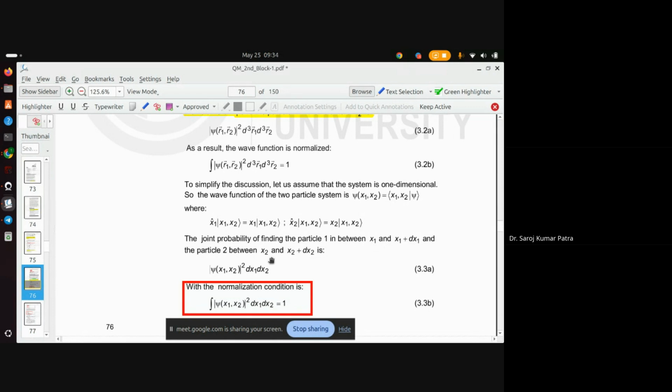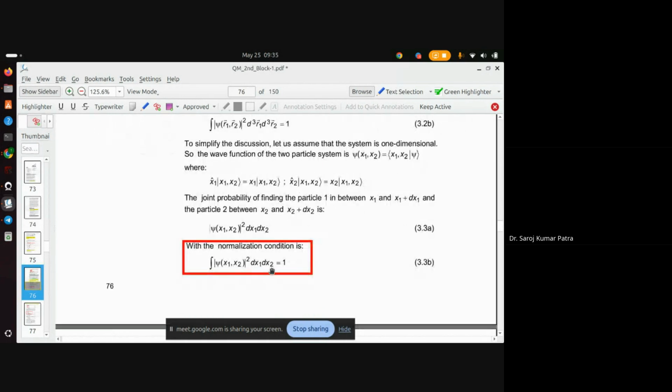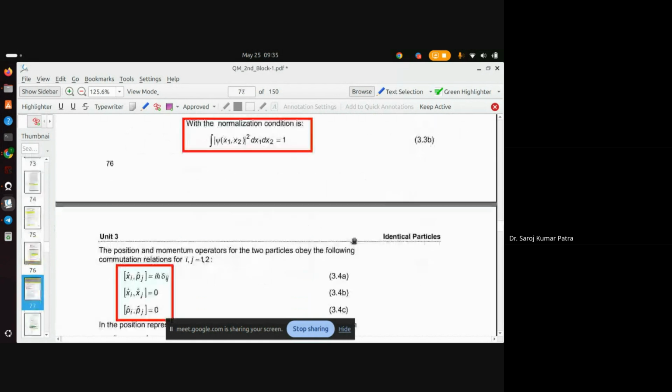Similarly, particle 2 is between x2 and x2 plus dx2. So the total volume is dx1 into dx2, giving |psi|² dx1 dx2. The normalization condition would be the integral of |psi|² dx1 dx2 equal to 1.